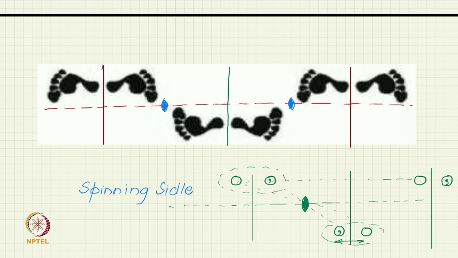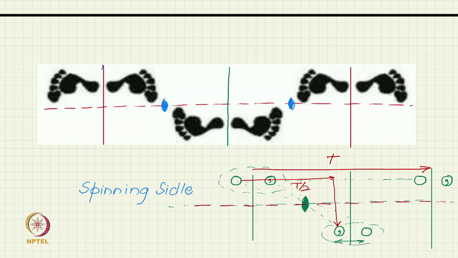You can see now that your real translation from motif to motif is here, but you can also see now that you can take this motif by T by 2 and reflect in this plane to get this motif, and the same thing is true for all. So we didn't start with the glide plane, we only started with the two-fold and the mirror, but we are seeing that a glide plane is emerging. Okay, spinning sidle.